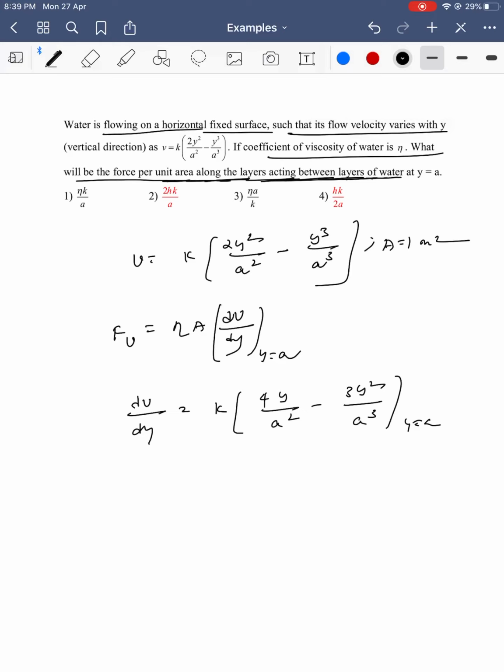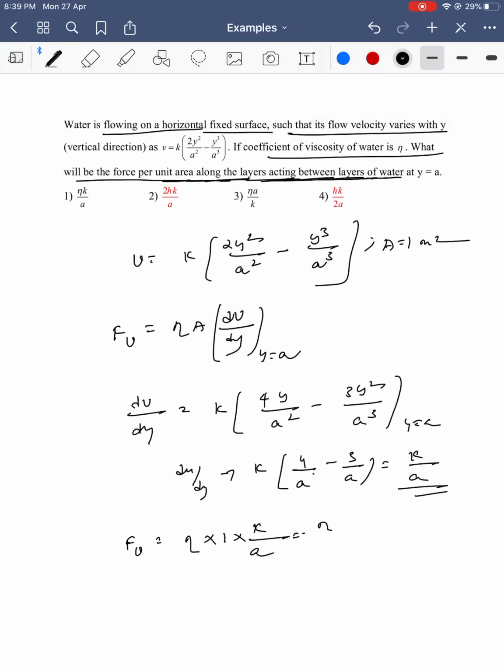At y is equal to a, if we substitute, k (4 by a minus 3 by a) will be equal to k by a. So dv by dy at y is equal to a is k by a. Now the viscous force is equal to nu, A is 1, dv by dy is k by a, so nu k by a. This is the viscous force.